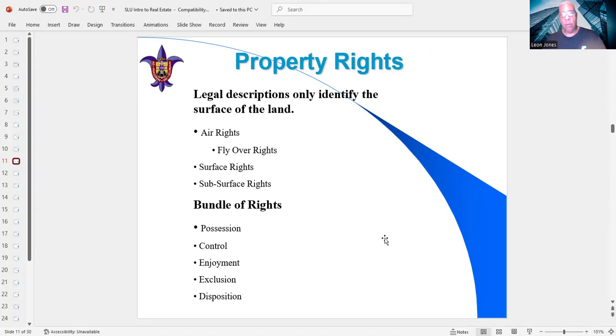Property rights. Well, legal descriptions only identify the surface of the land. So you have air rights, flyover rights, surface rights, subsurface rights. Then we have bundle of rights: possession, control, enjoyment, exclusion, and disposition.